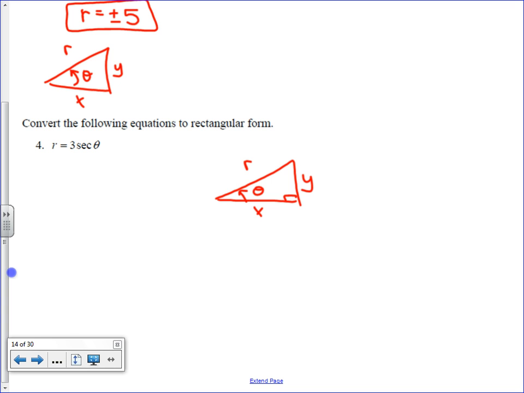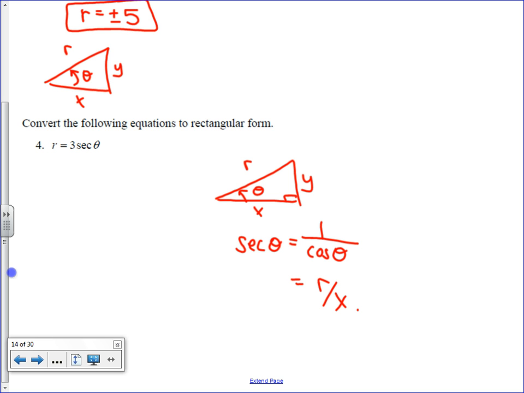If you're totally stuck, I would look at the triangle and say, I know how x and y and r and theta all go together, right? Right triangle? How do I get secant of right triangle? What's 1 over cosine of this triangle? R over x.